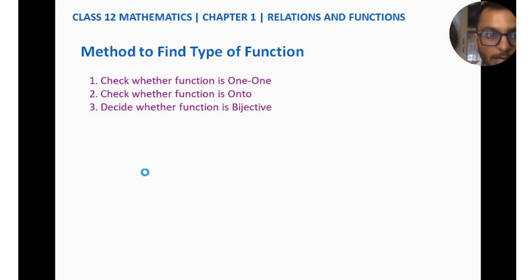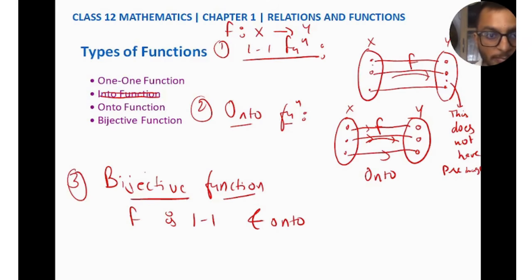Now let's see how to find whether a function is one-one and onto or not, because you can't always plot it like this diagrammatically and see whether every element has a pre-image, so it is onto, and whether only one element is being mapped to any element in y or more than one. This is not always possible, right?